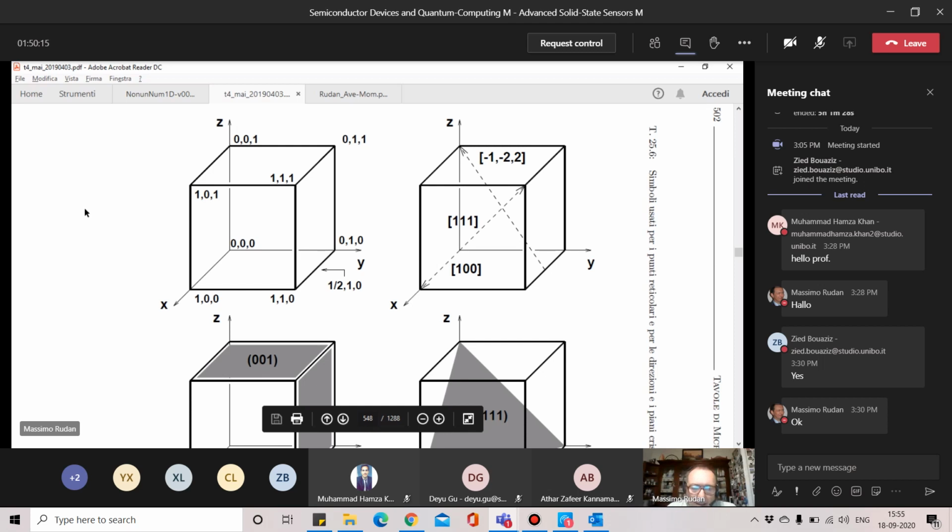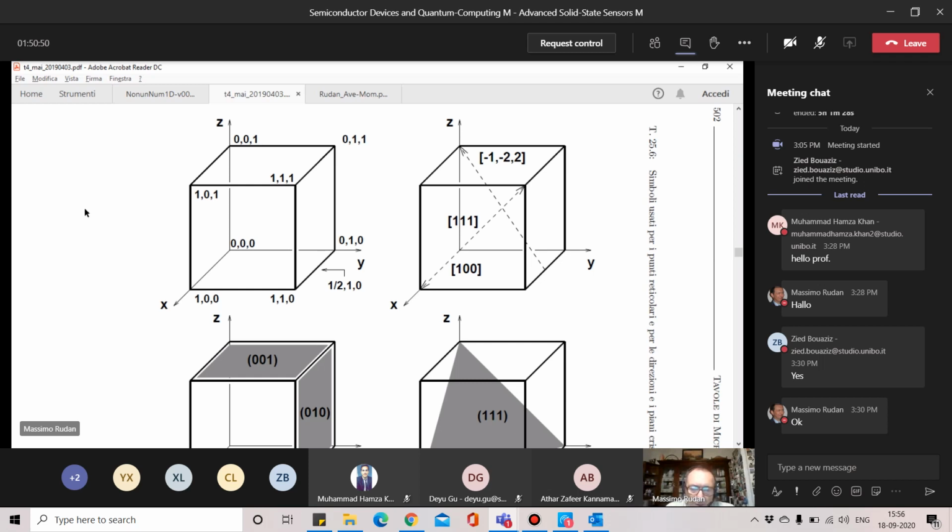A cubic lattice is a lattice in which the characteristic vectors A1, A2, A3 are mutually orthogonal, and they are also of equal length. This is a very special type of lattice, and silicon and germanium and gallium arsenide have this type of lattice.